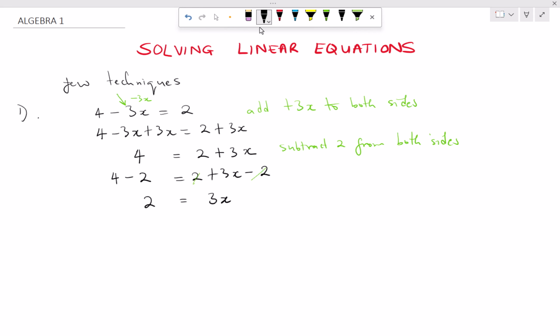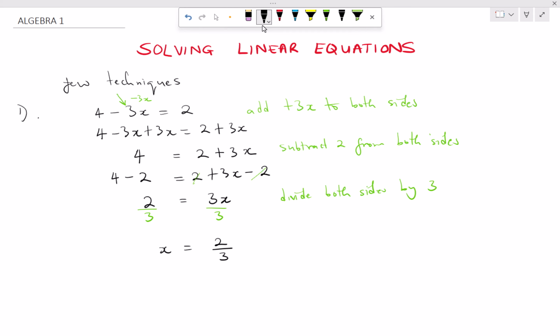Our next step is to divide both sides by 3 in order for us to remain with x. So you divide both sides by 3 and we remain with x is equal to 2 over 3. That is how we solve linear equations. So this is technique number 1.